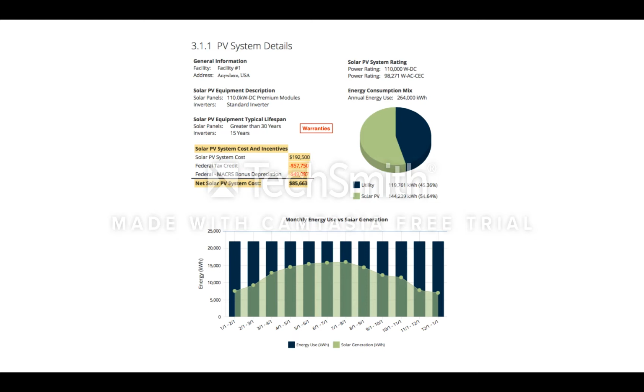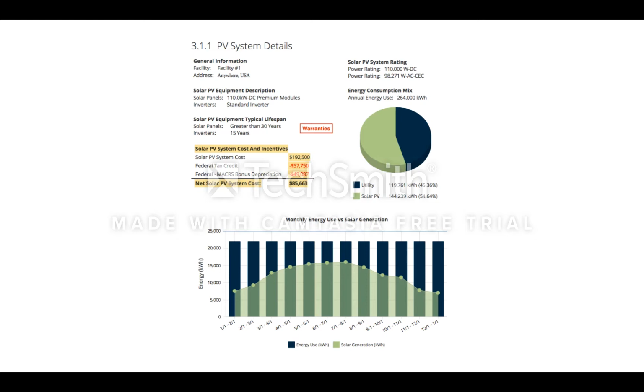And before we get into the incentives, I just want to note here about these warranties. Solar panels are very durable equipment, and on Tier 1 equipment, which is used in all of our projects, many solar panel companies will warranty these panels for 30 years. That's a testament to the durability of this technology.